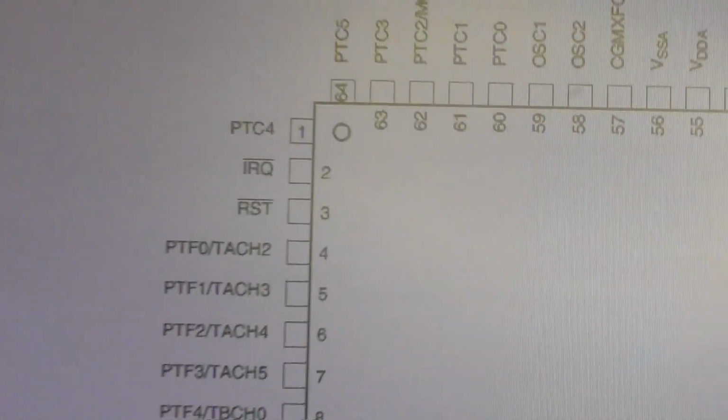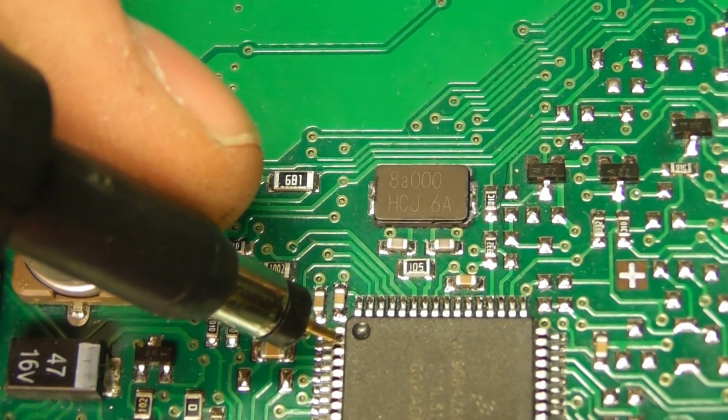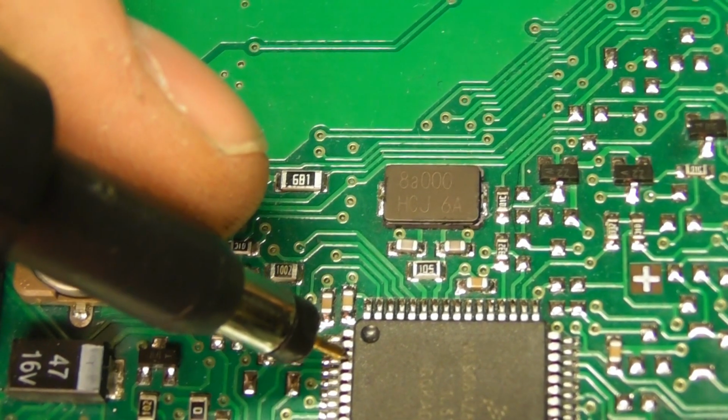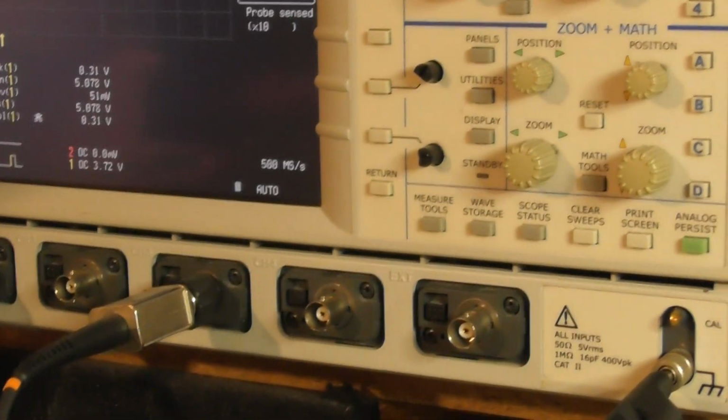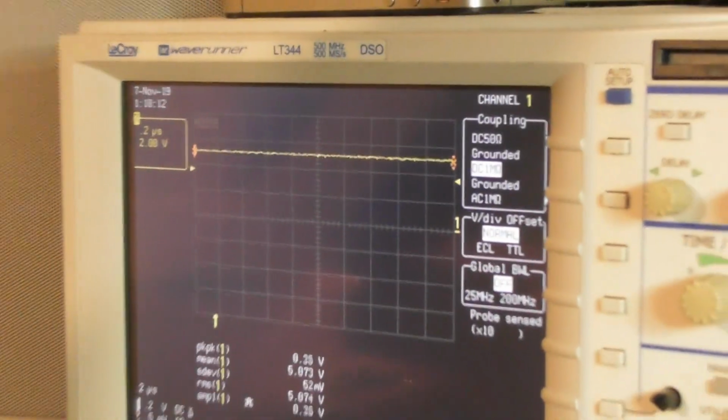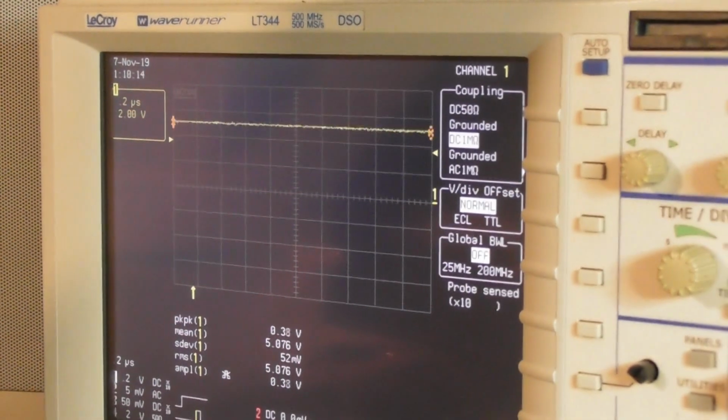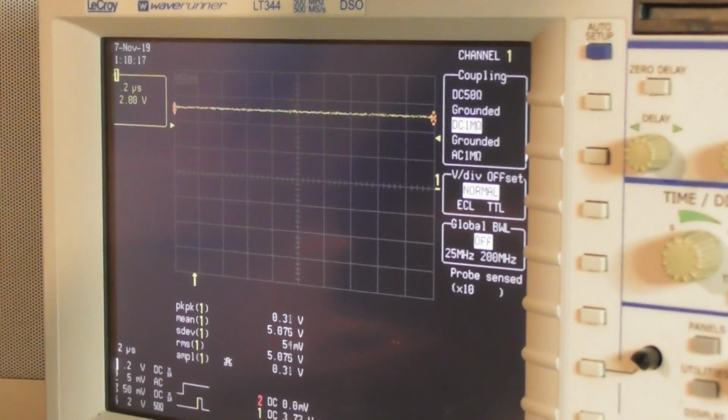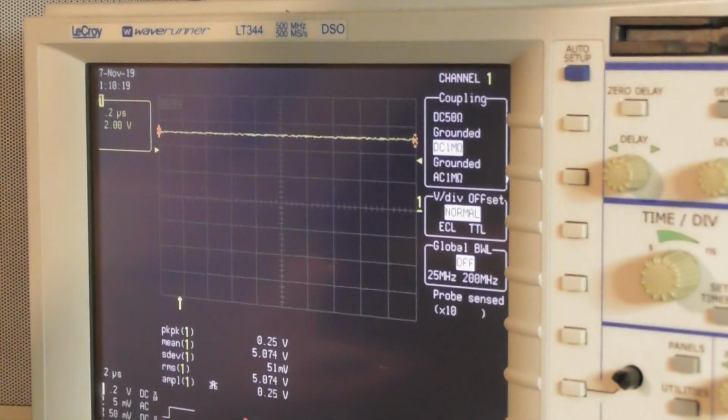This is pin 3. 1, 2. Oh, it's on the camera. Can you see? Reset.